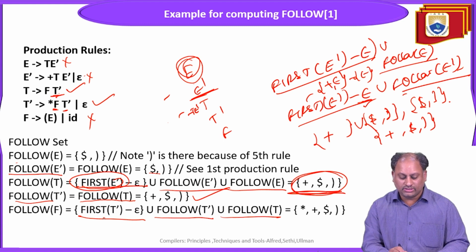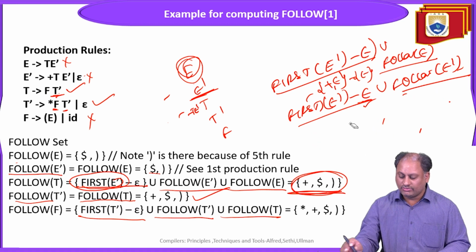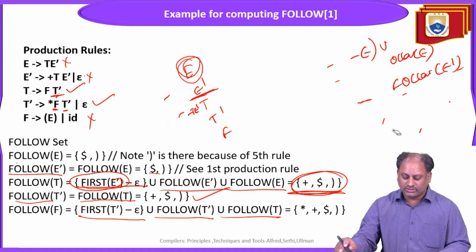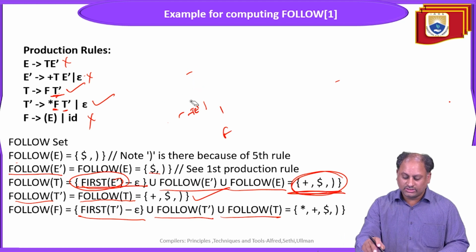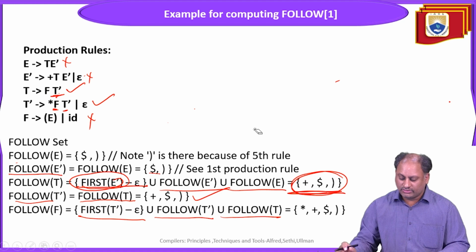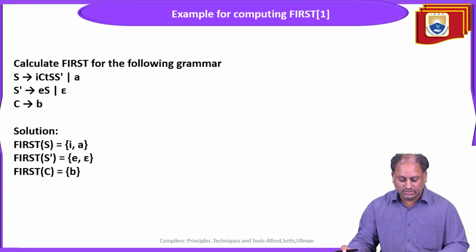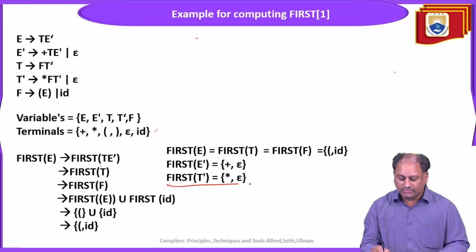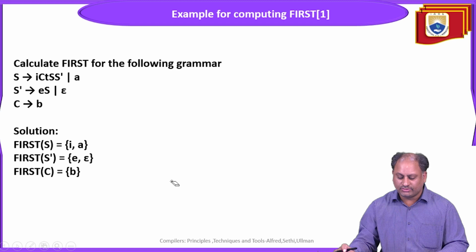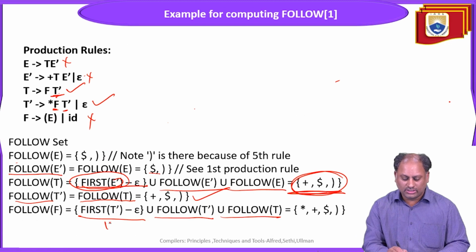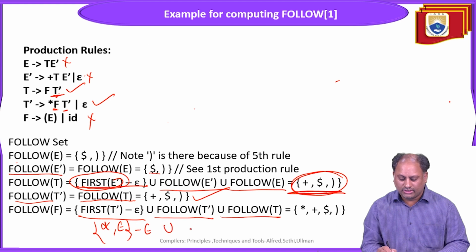If you observe the cases previously, we computed first of T dash. What is the result? As can be seen in this example, T dash gives star, epsilon. So that is to be considered star epsilon, and then minus epsilon, union follow of T dash.